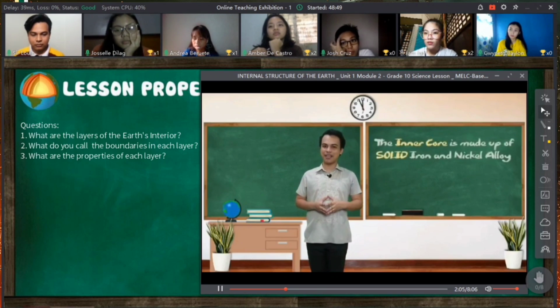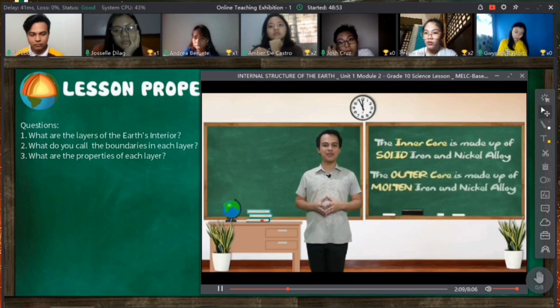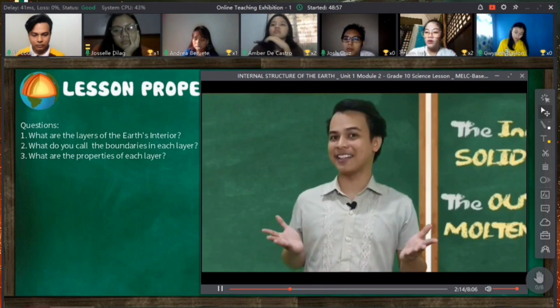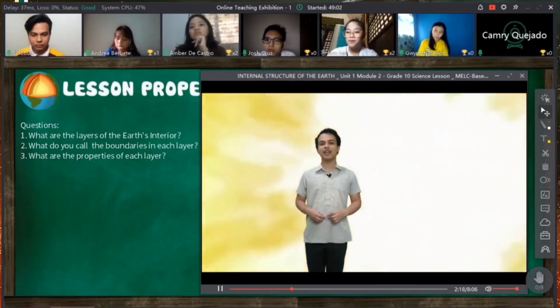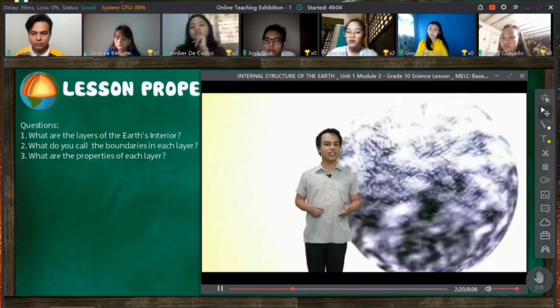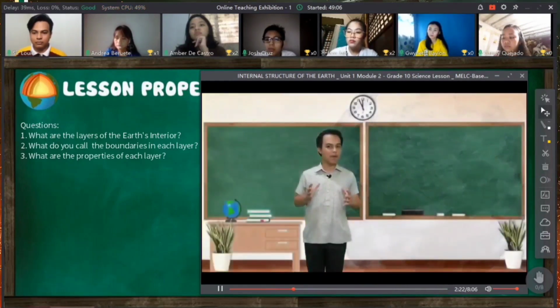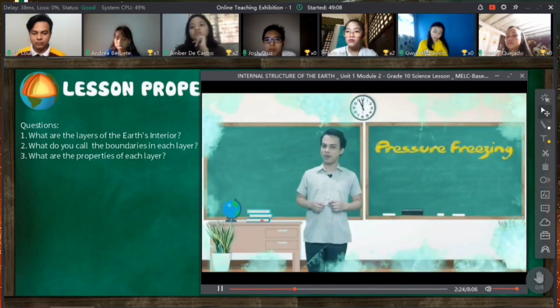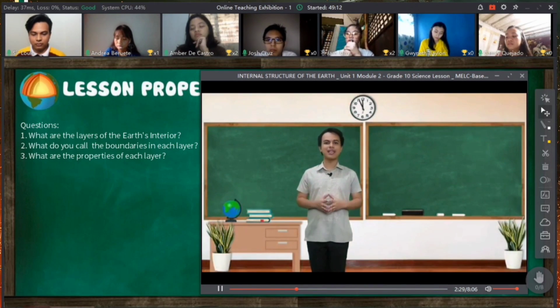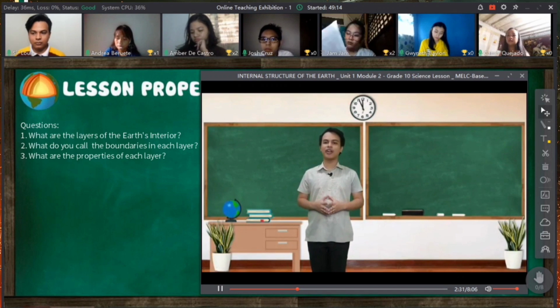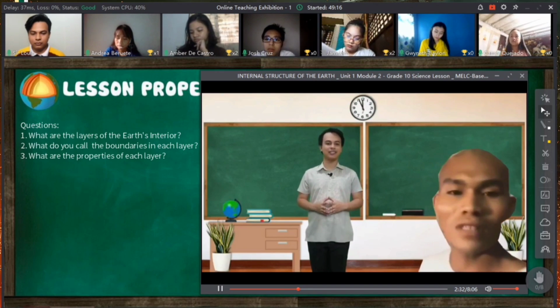The inner core is made up of solid iron and nickel alloy, while the outer core is made up of molten iron and nickel alloy. Bakit? The extreme temperature of the inner core could have molten the iron and nickel, but it is believed to be solidified as a result of extreme pressure, scientifically known as pressure freezing. Pero, paano nga ba nasabi ng ating mga sayantipiko na ang inner at outer core ay gawa sa iron and nickel alloy? Paano masabi?